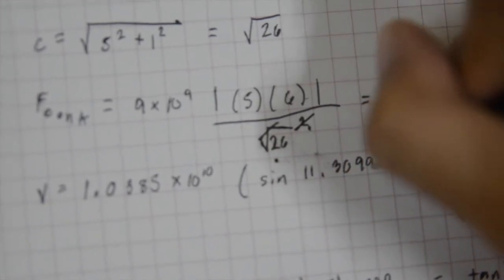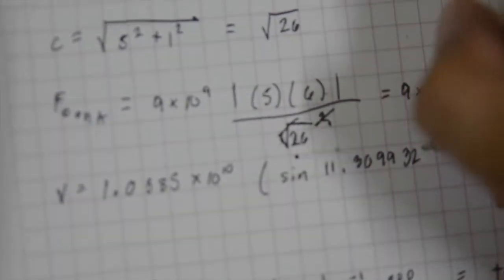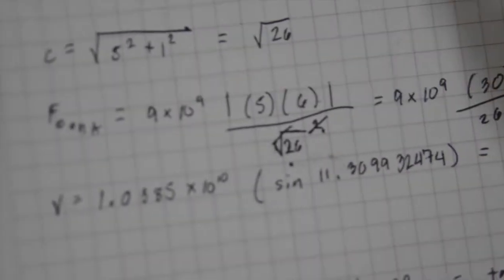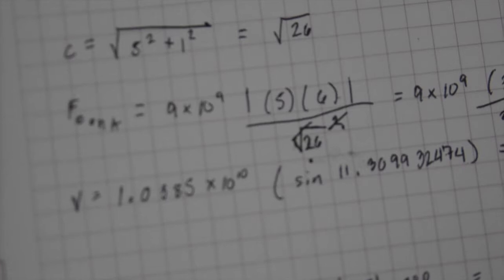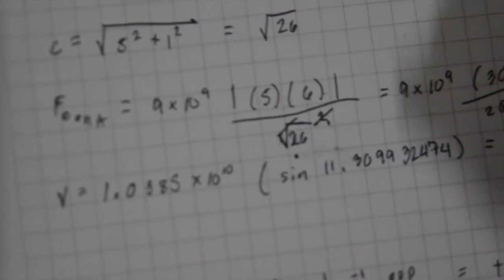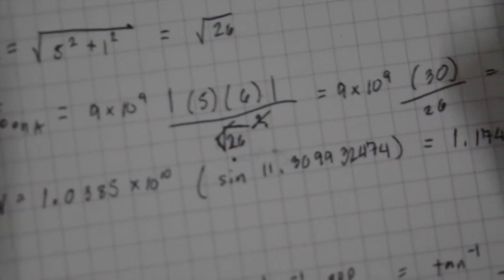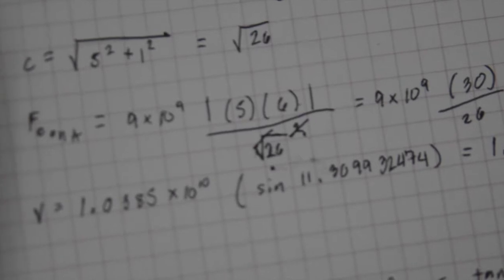So now we can place it here. That's sine 11.309932474. This will give us the answer of 1.1745 times 10 to the 11th. Since this is up, that's just positive.